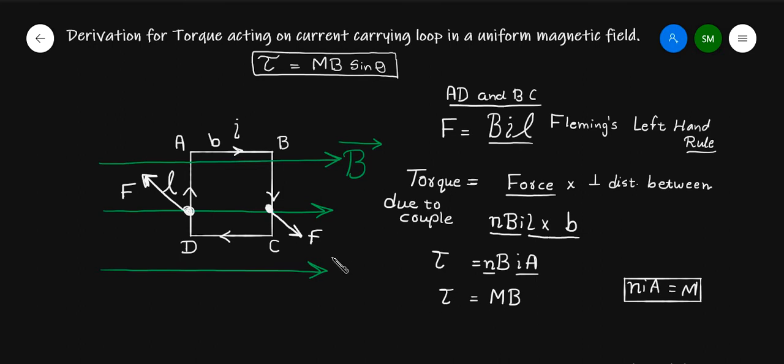Because of this torque, the coil starts rotation. This is the axis of rotation, and around this axis the torque is acting, so the coil begins to rotate. As the coil starts rotating, the perpendicular distance between these two forces, which you took as b, does not remain the same.